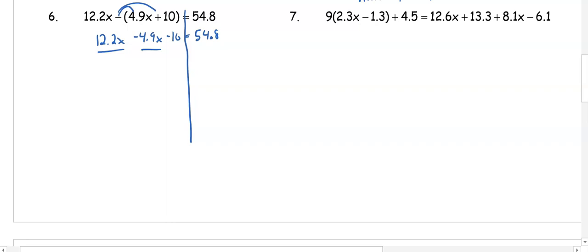Remember when you're combining, you use the sign it has, so we're subtracting 4.9. 7.3x minus 10 is equal to 54.8. We can add 10 on both sides. 7.3x is equal to 64.8. So when we divide, we're going to get a decimal. So we're going to round to 2 decimal places, 8.88.